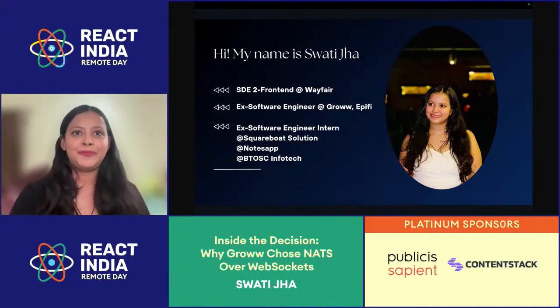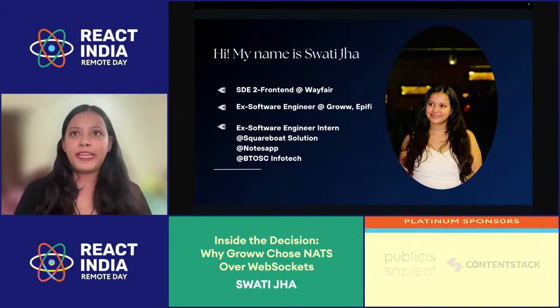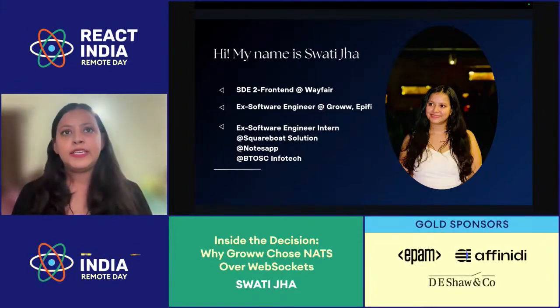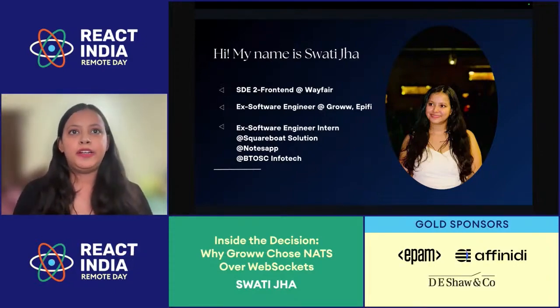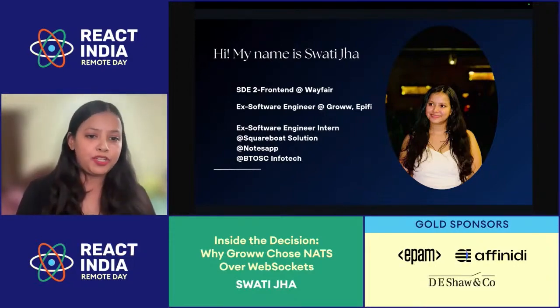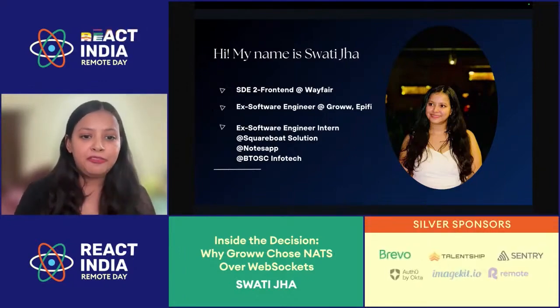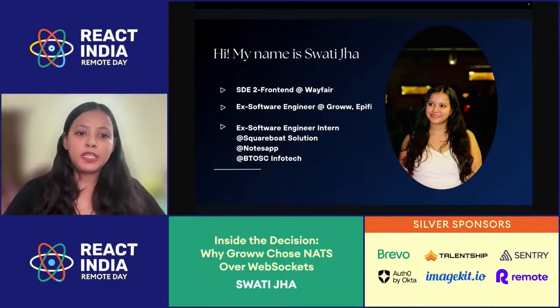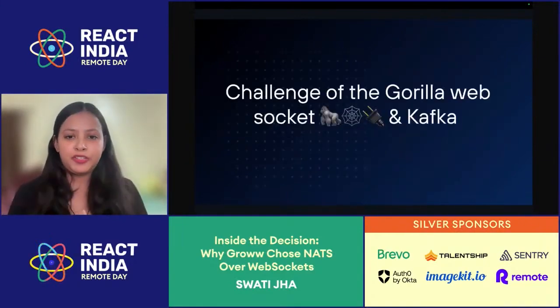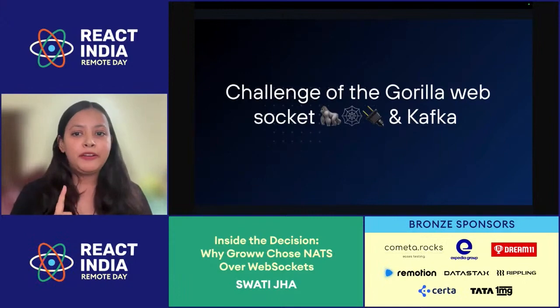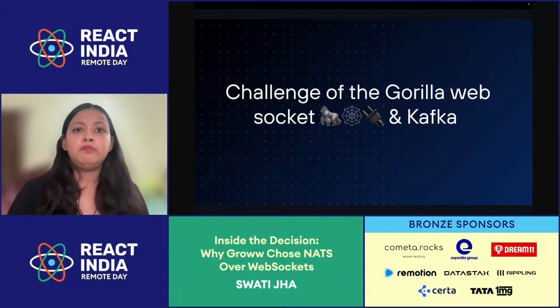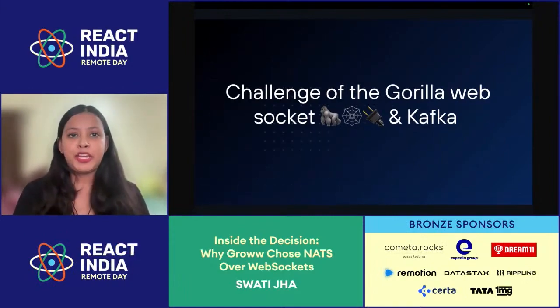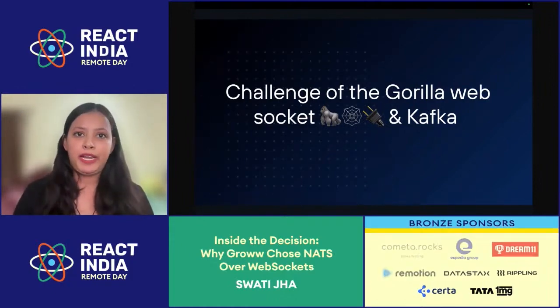So let's get started. Groww became the first to achieve 10 million active clients along with 7.6 million active traders, so scalability became the center of attention for every developer in the investment space. However, the current infrastructure of Gorilla WebSockets and Kafka began to show some critical limitations, especially in terms of scalability and real-time reliability.